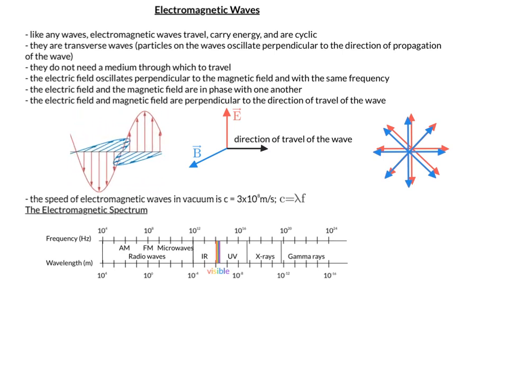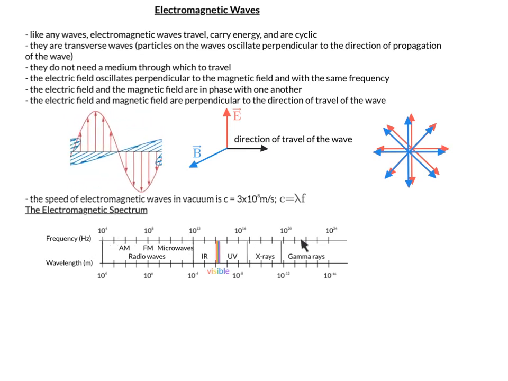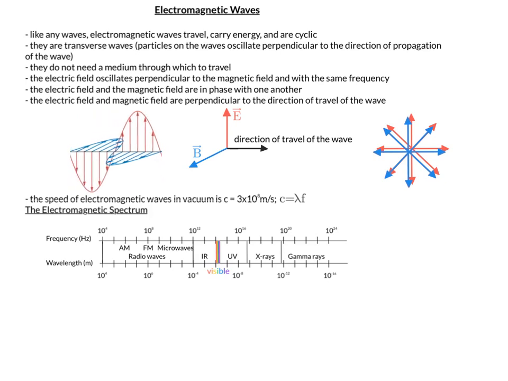But since energy is a function of the frequency, then the more frequency there is, the more energy there is as well. So gamma rays are just high energy light, essentially. All of these are light, but they have different amounts of energy. So this is the lowest energy, that is the highest energy.